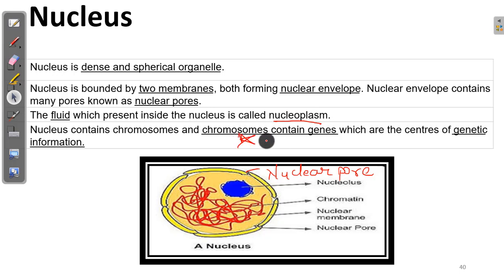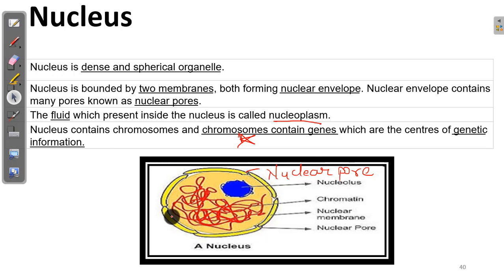What are genes? Genes are the hereditary characters which are carried from the parents to the offspring. It is said that we look somewhat similar to our parents. Why? Because we inherit genes from our parents. And where are these genes present? These genes are present in the chromosome. We are going to study chromosomes in detail.